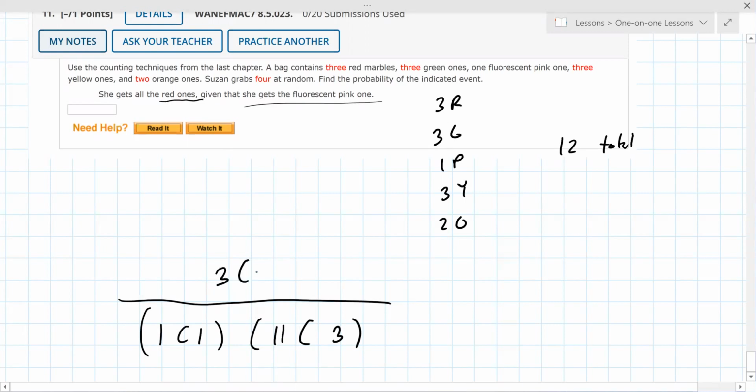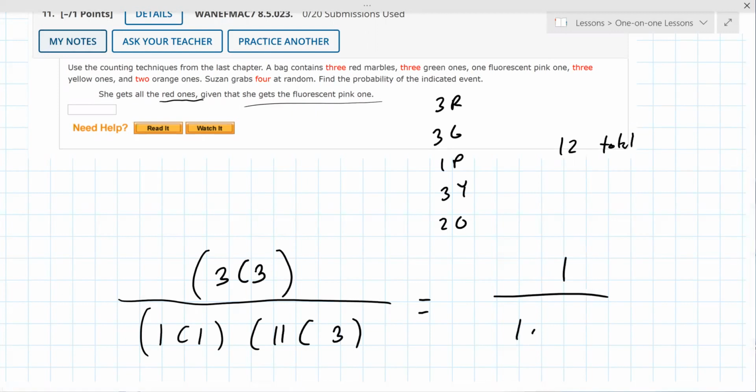So that's 3 choose 3. And that's 4 total, because we're already assuming that. So hopefully that's right. So the top is 1, the bottom is 1 times 11 choose 3.